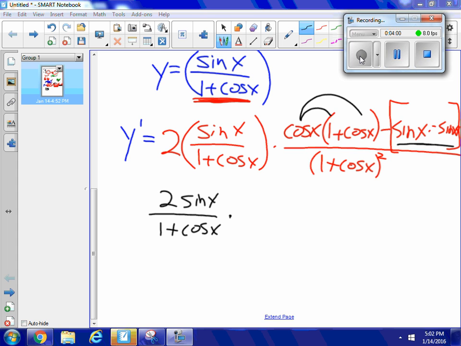So I'm going to have cosine x, that's this distribution right there, plus cosine squared x, plus sine squared x. And it's a plus because I have negative sine x times positive sine x, which gives me negative sine squared x. But I have this negative sign right there, which makes it positive sine squared x.